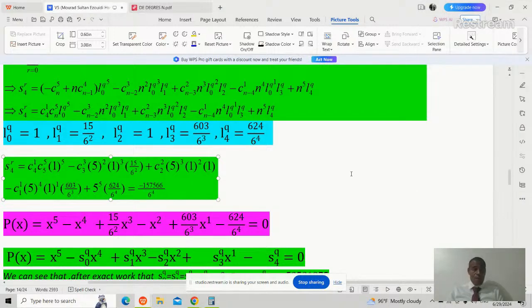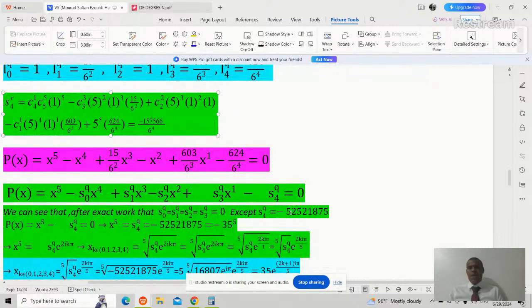Therefore, I will write my new polynomial to the power 5. We can see that after exact work, the value of S0 is 0.